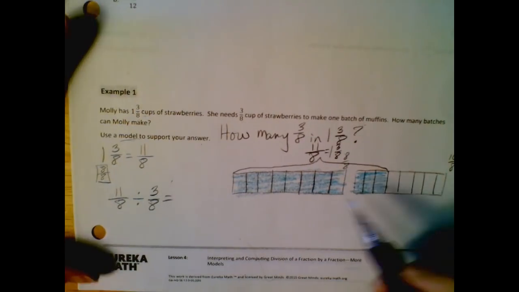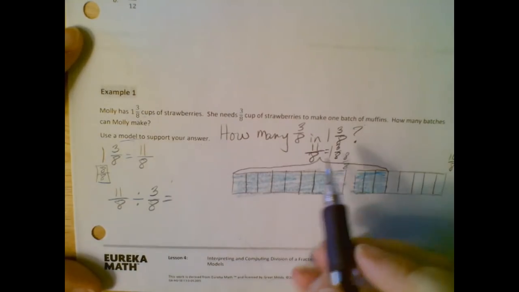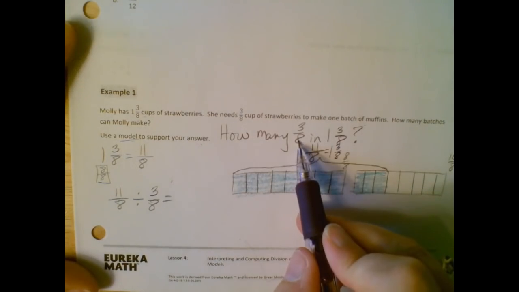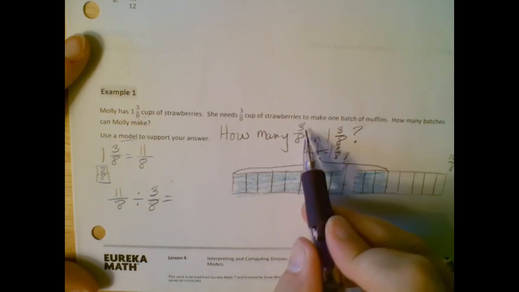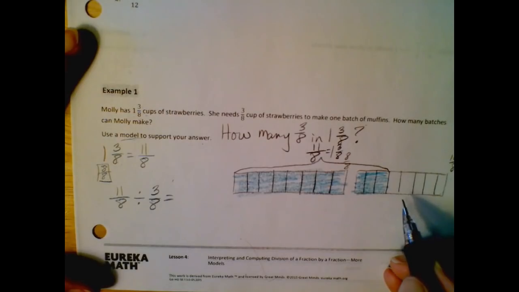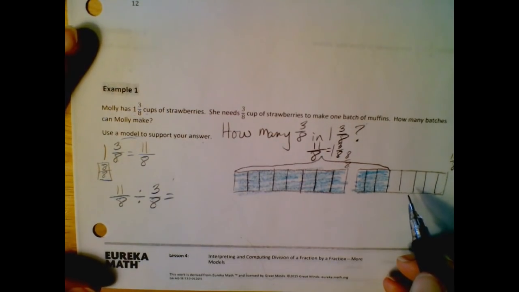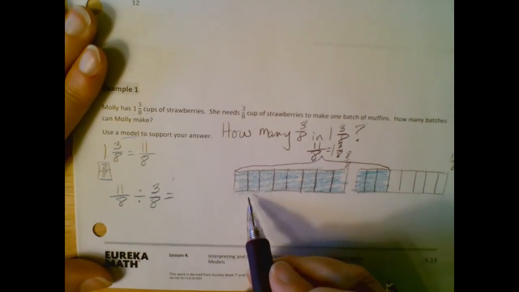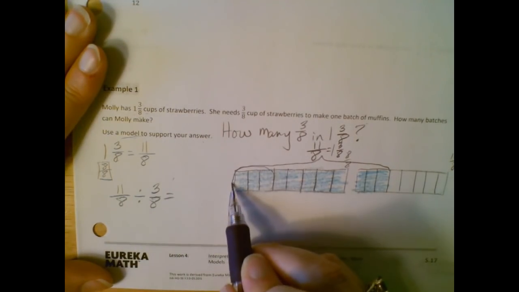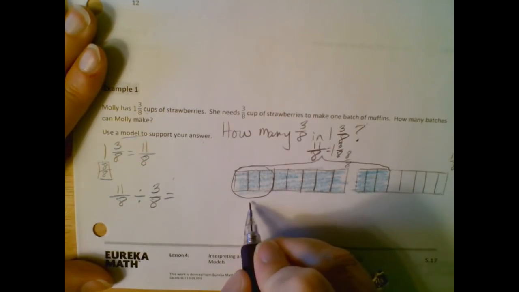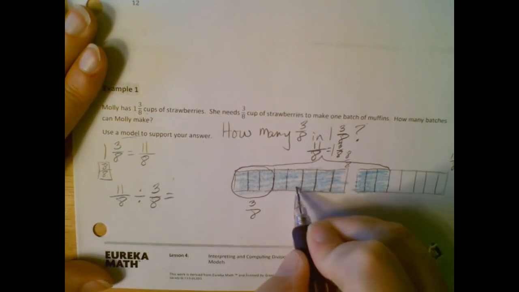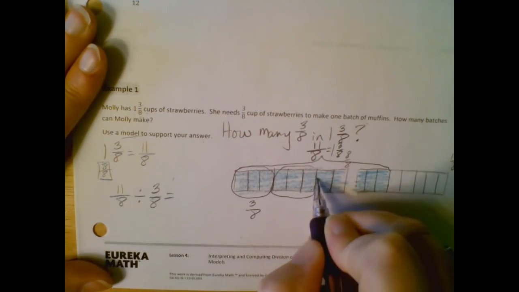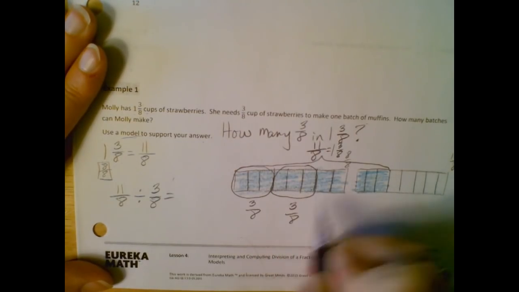So if we have 11/8, we're breaking it into groups of 3/8. How many groups of 3/8 in 1 3/8? Since the units, the denominators, are the same, all I have to do is break it up. So one group of 3/8, 1 2 3, another group of 3/8.